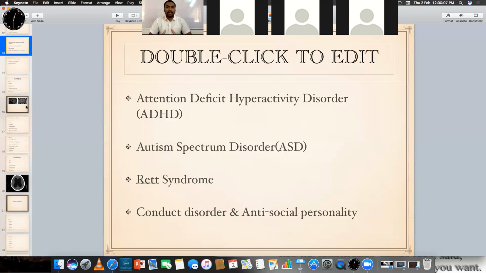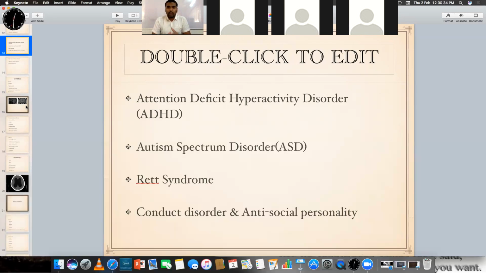In a little while, say 10-15 minutes, he's completely overwhelmed by this hyperactivity and loses all his energy. Now he's completely exhausted, so he just relaxes and sleeps. That is the logic behind giving methylphenidate or psychostimulants to treat attention deficit hyperactivity disorder.